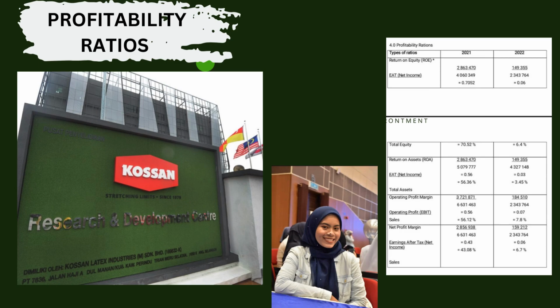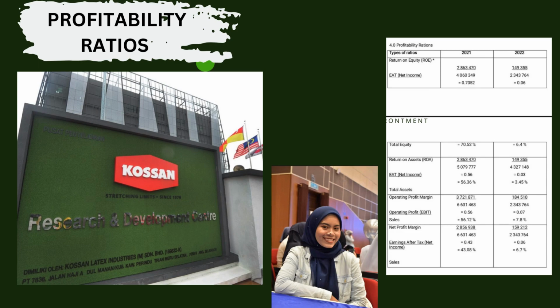Casa Robin's return on asset in 2021 is higher than 2022, with 56.36% in 21 and 3.45% in 22 respectively, a decrease of around 52.91%, which indicates a lower return on the firm's investment.